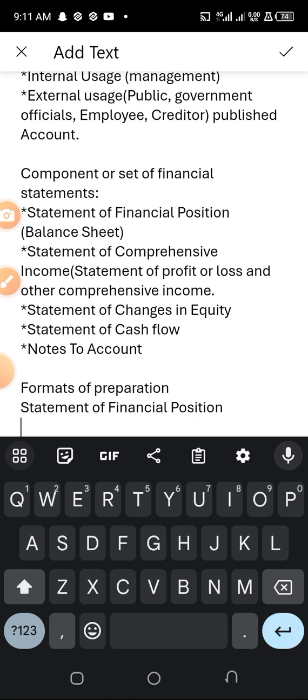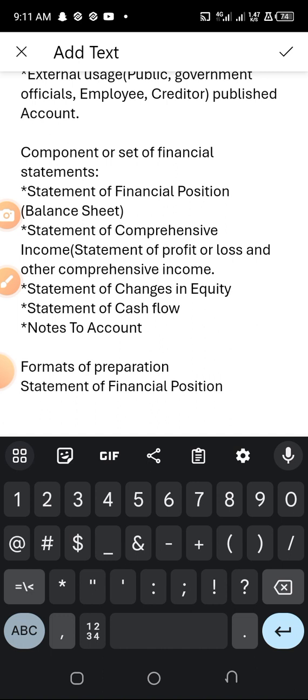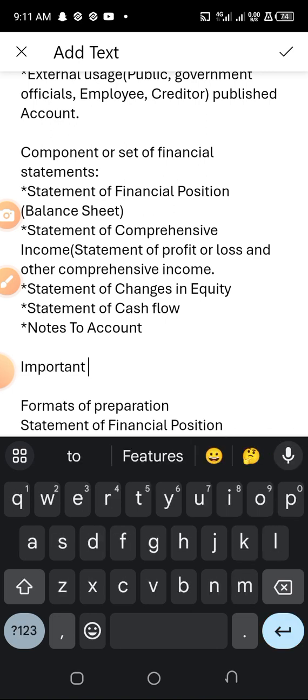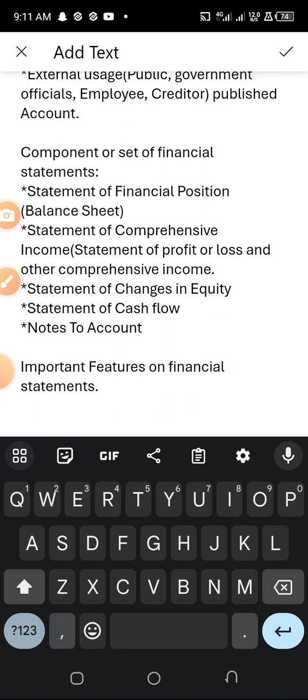Before we go to this, please let me quickly go back to these important features of financial statements, the features that make a financial statement acceptable, to be qualified as a financial statement.